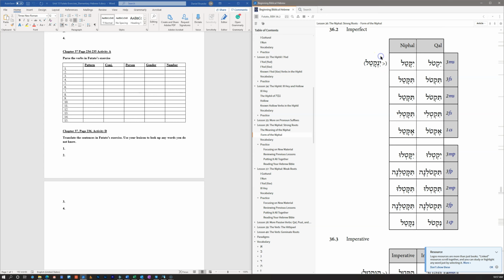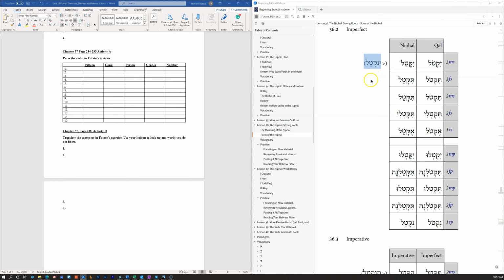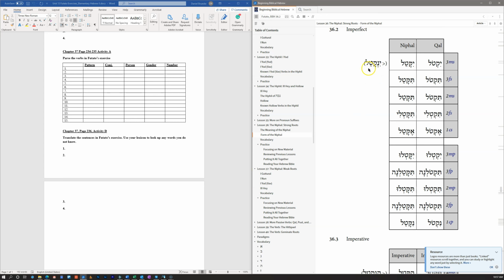I'm going to try to illustrate this. I don't think I can actually ink this up. Is that just a highlighter? Yep, I think that's just my highlighter. That's not going to help. Okay, so just follow the mouse here, but let's assume this is a one nun. So instead of qatal, we have natal or something like that.